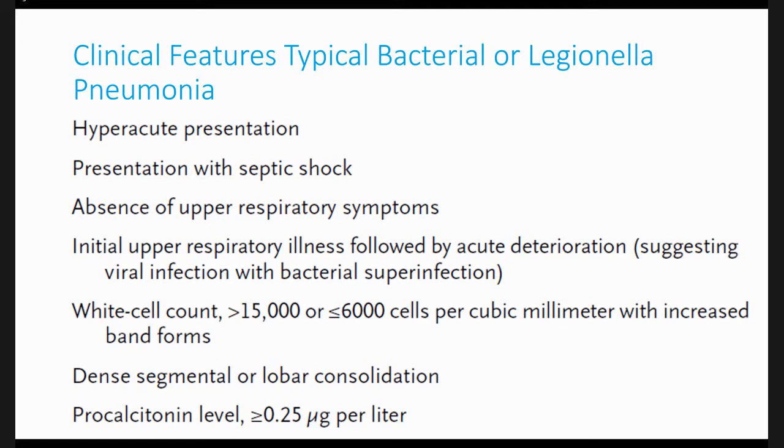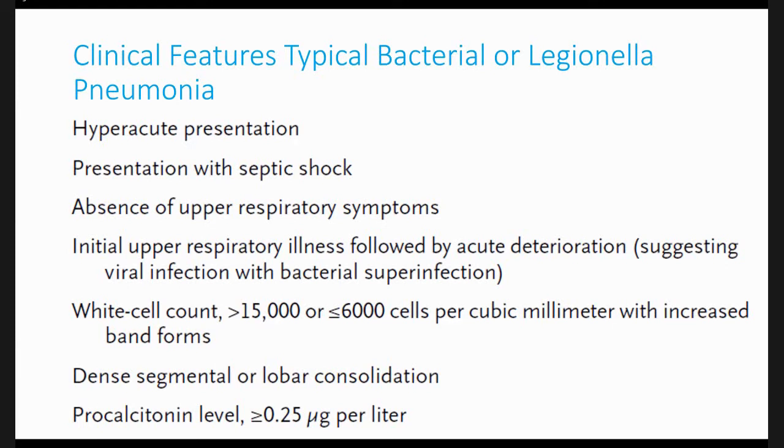The white cell count may be more than 15,000 or less than 6,000 with increased band forms. Dense segmental or lobar consolidation is the hallmark. Typical organisms cause a dense lobar consolidation, whereas atypical organisms generally cause patchy bilateral consolidation rather than dense lobar consolidation. Procalcitonin level will be more than 0.25 micrograms per liter.